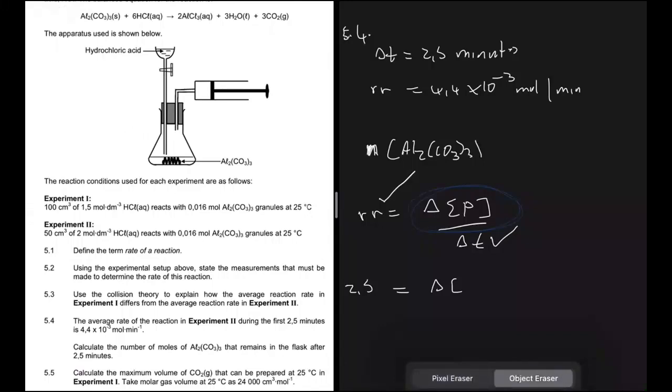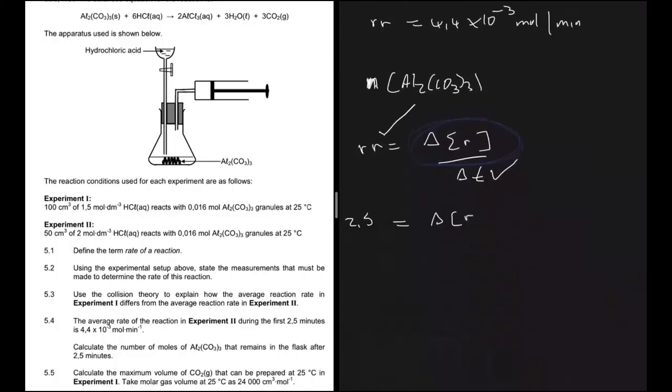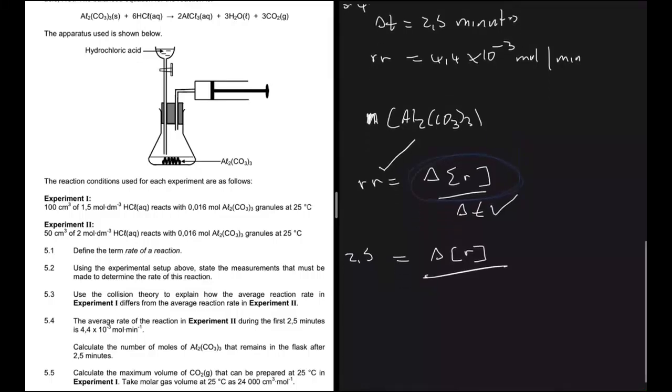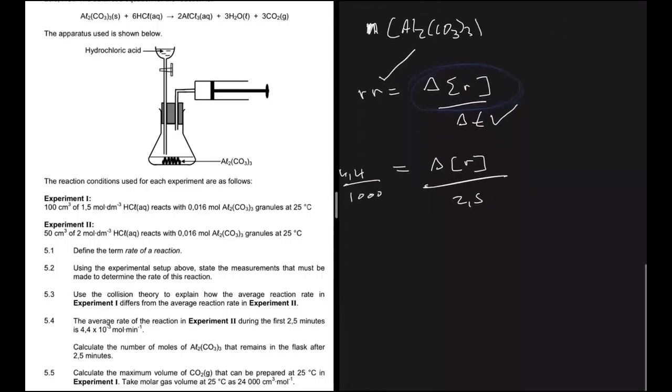So here we're supposed to have the change of the reactant divided by time. Actually, I put time where it's not supposed to go. Time is supposed to go here, 2.5, and then here we have the reaction rate, 4.4 times 10 to the minus 3. That is the same as divided by 1000, right?